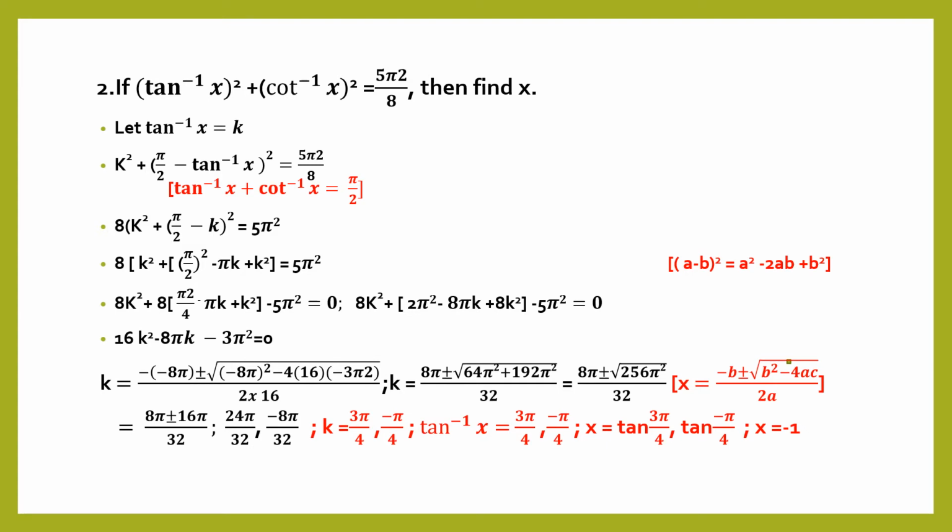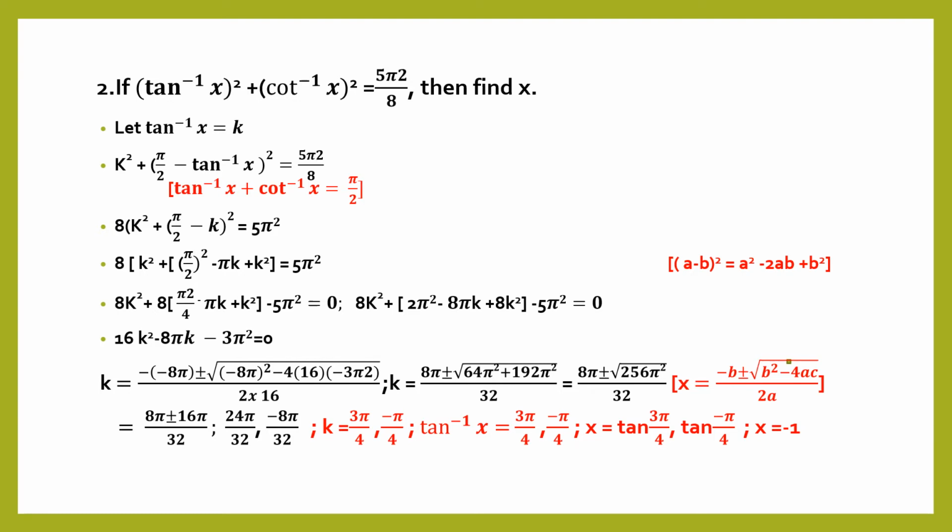Now we are going to multiply by 8. So 8 into k square plus 8 into the terms inside the bracket, pi square by 4 minus pi k plus k square, and take 5 pi square to the left hand side so that we can equate to 0.